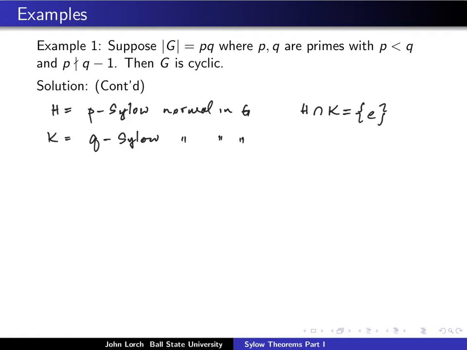Remember, the size of this group must divide both P and Q. P and Q are distinct primes, so the only possibility for the size of H intersect K is 1. Now, what about the size of the group H times K? Well, we have this second isomorphism theorem from a while back.